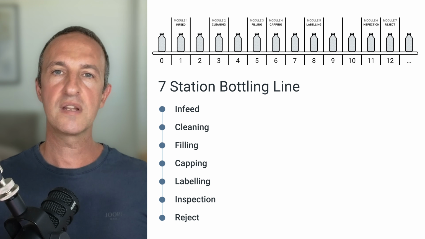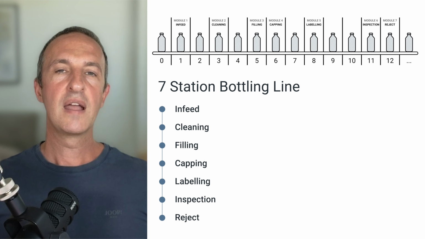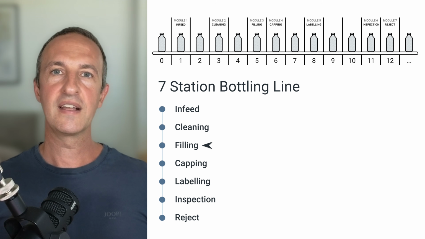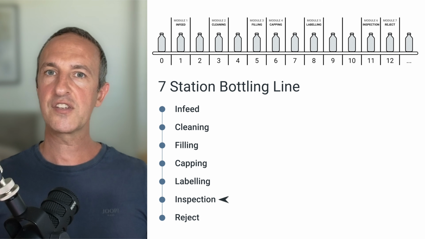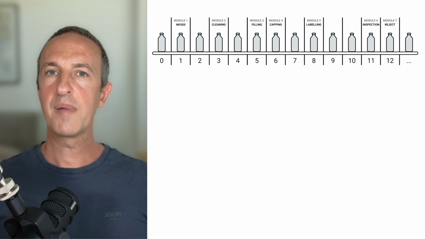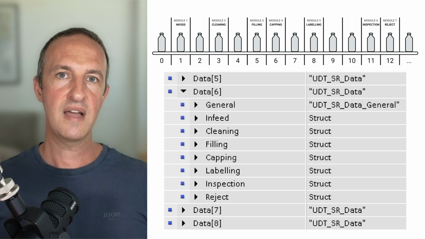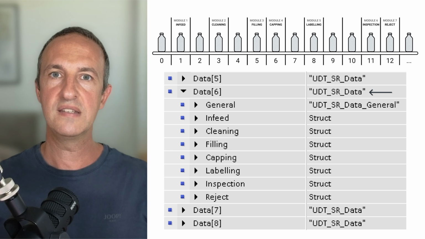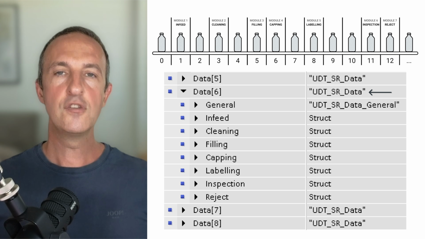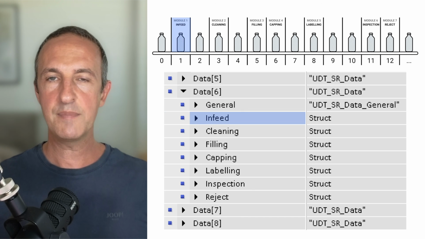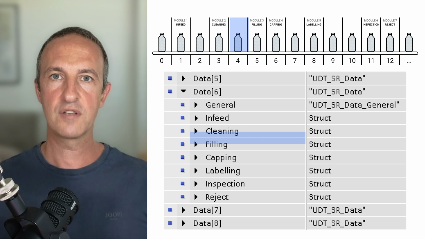For example, if your shift register is part of a bottling line with 7 key stations: in-feed, cleaning, filling, capping, labeling, inspection, and reject, then you start by building a user-defined data type. Let's call it, for example, UDT SR data, and you populate that UDT with the same 7 processing stations as substructures.